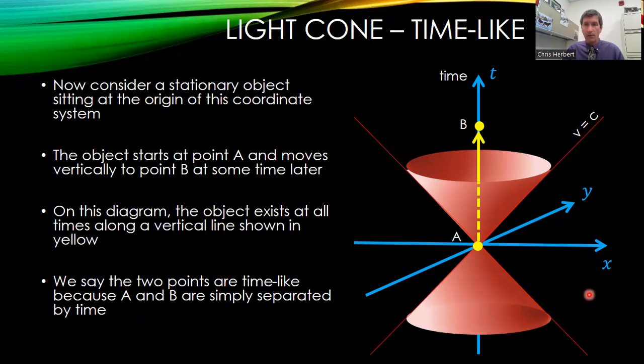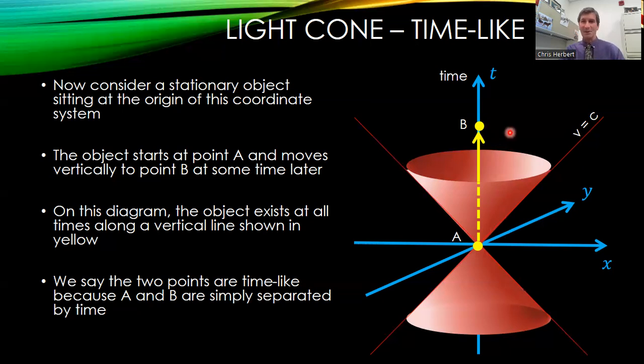When we talk about things like time-like, the association between A and B are time-like. You'll see that in some of the literature. Without going into too much detail, let's say I keep something stationary. Event A happens at some location, event B then happens at a later time at the same location. I haven't moved. We say this is time-like because event A and event B are just separated by time. They're at the same position.